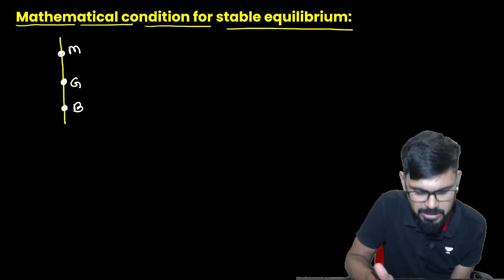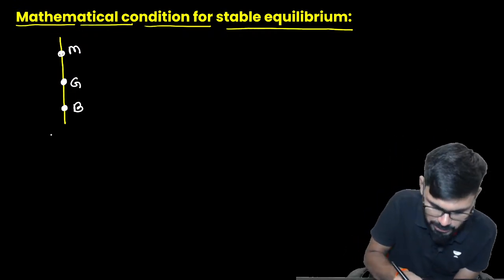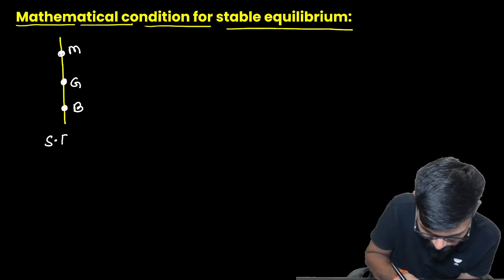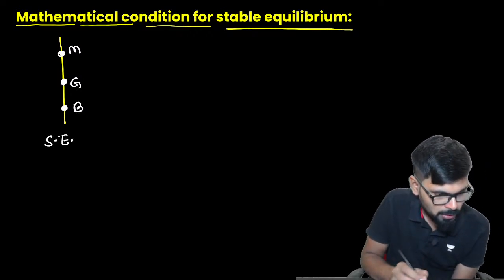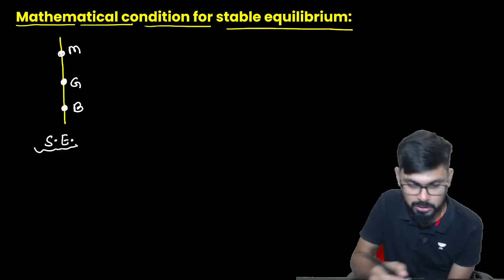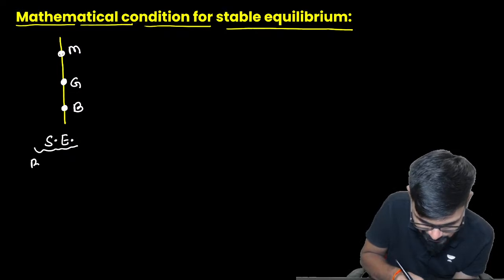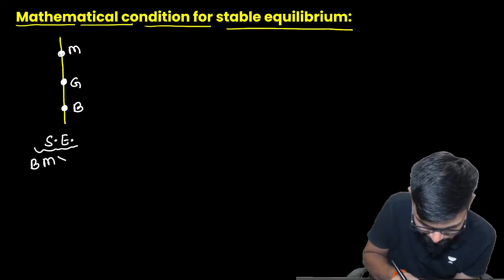This is a positive metacentric height, so this is a stable equilibrium. Stable equilibrium means that BM is greater than BG.